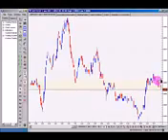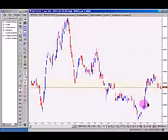Every one of these red or blue lines represents 1 minute of movement, and you can see that the movement over the last hour or so has gone up and down, and the idea of trading is if we can put a trade on at this point of time and decide if it's going to go down, we place the trade there, and if it goes down, for every point it moves we make what our stake is. But if it goes the wrong way, we lose what our stake is, but we can limit our losses.